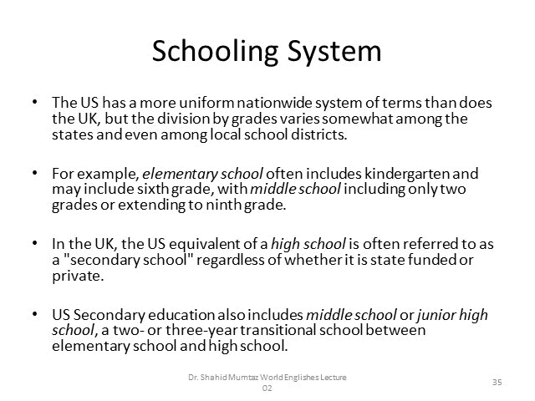The US has a more uniform nationwide system of terms than does the UK. So in the US, there is a nationwide system of terms, more uniform than in the UK, but the division by grades varies somewhat among the states and even among local school districts.